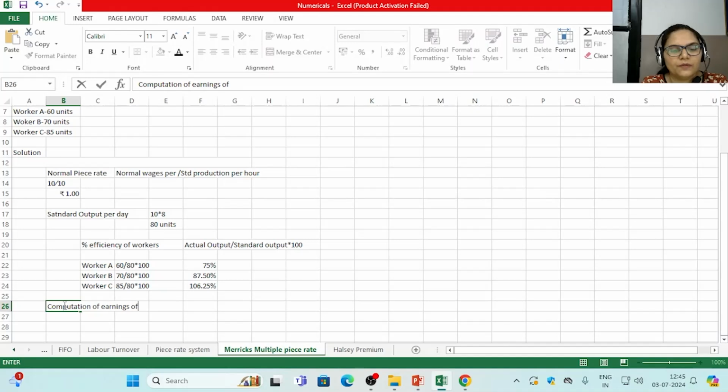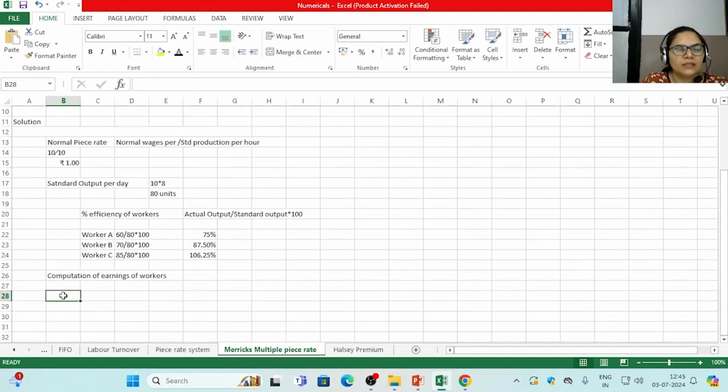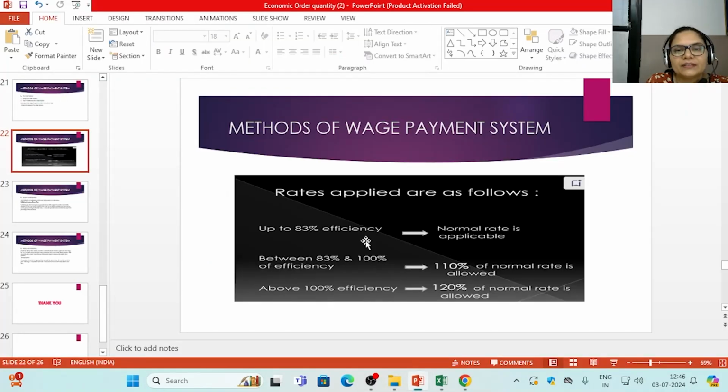For worker A, we have calculated that his efficiency is 75%, which is below the 83% standard.